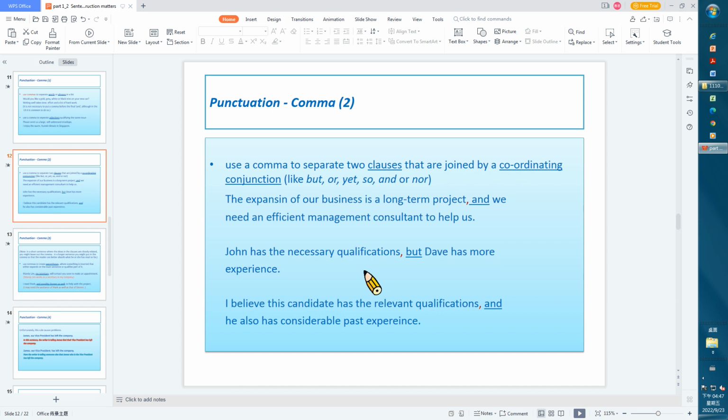John has the necessary qualifications, but Dave has more experience. I believe this candidate has the relevant qualifications, and he also has considerable past experience.